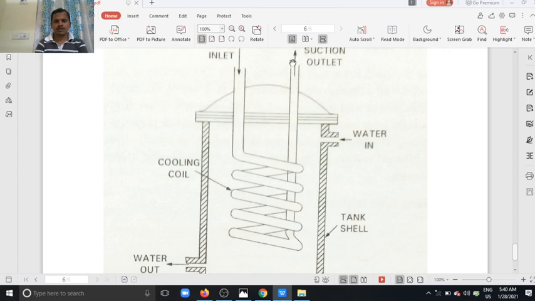The vapor refrigerant goes from this line to the compressor. So this is the chilled liquid inlet and chilled liquid outlet. So this is the shell and coil evaporator.